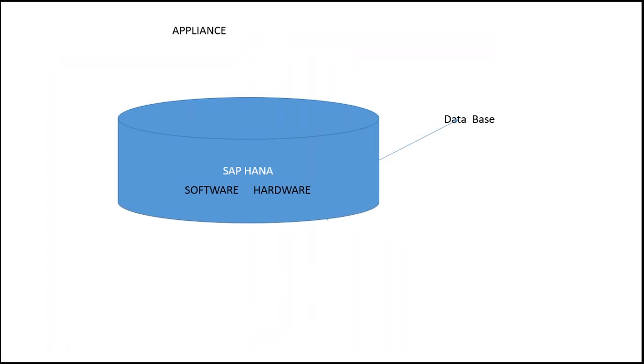In the true sense, it is called a database. We have some hardware partners. SAP doesn't have its own; partners like Dell, HP, Fujitsu, and so on. Appliance means a combination of software and hardware. Okay, next.